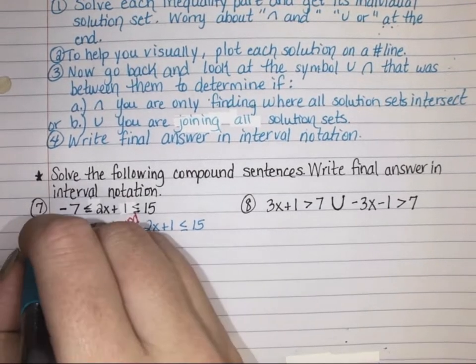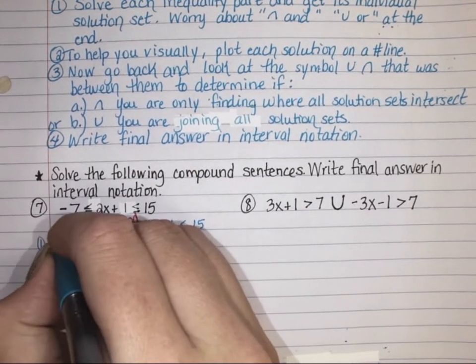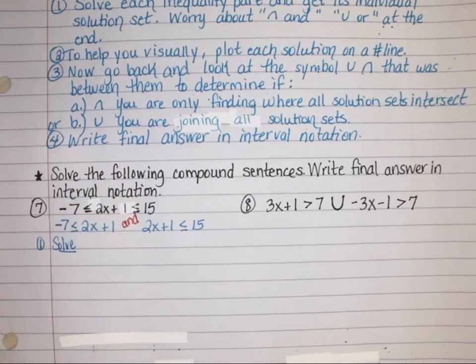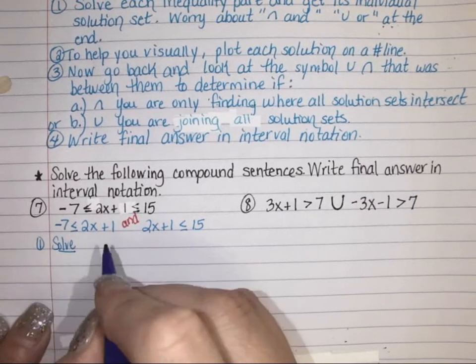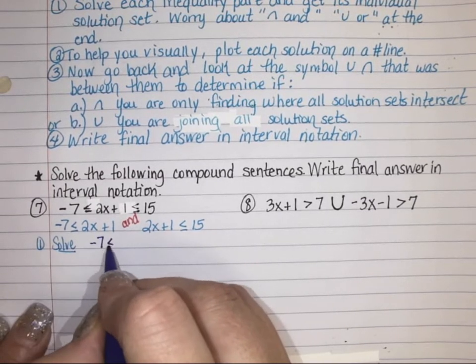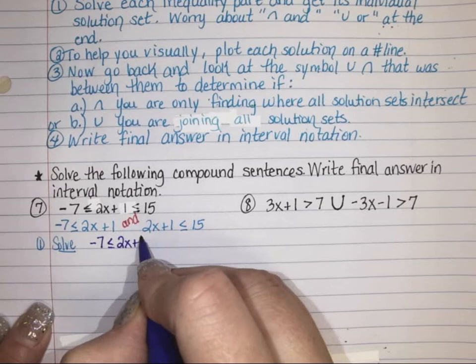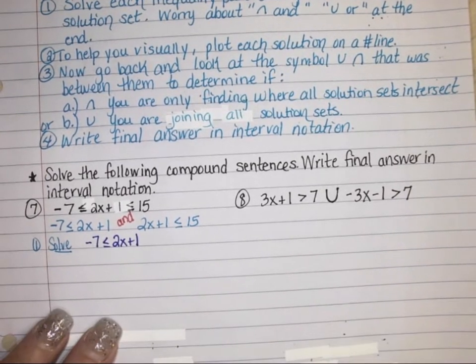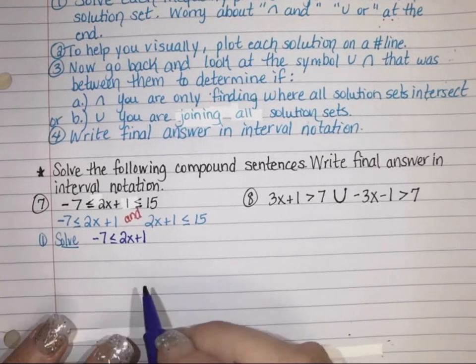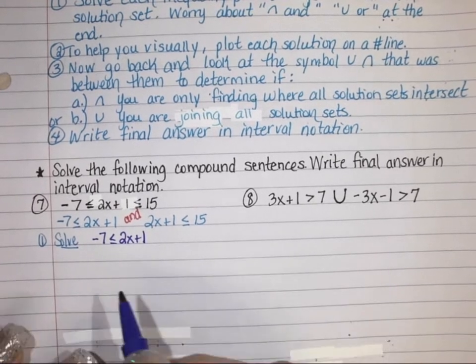Step 1, you're going to solve each part. So I've got -7 less than or equal to 2x plus 1. Okay, so we're just going to solve this like a normal equation.